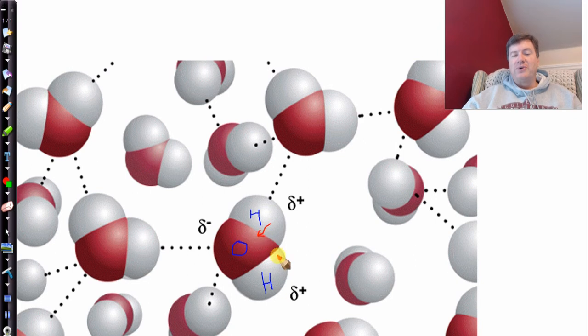So oxygen is pulling electrons close to it from this hydrogen as well as from this one. And so we end up with oxygen having electrons close to it, which means oxygen takes on a slightly negative charge. It means the hydrogens, because we pulled electrons away from them, take on a slightly positive charge.